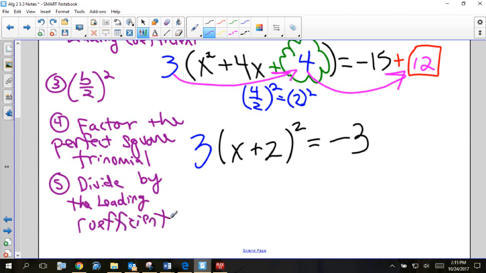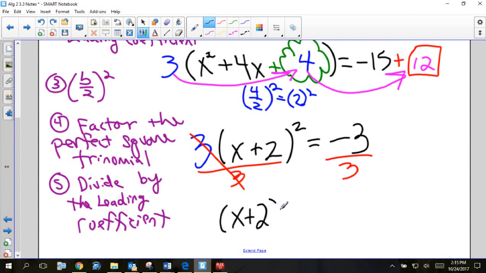So when I divide by 3, it cancels out on that side. When I divide by 3 on the other side, I get -1. So I'll have x plus 2 squared equals -1.